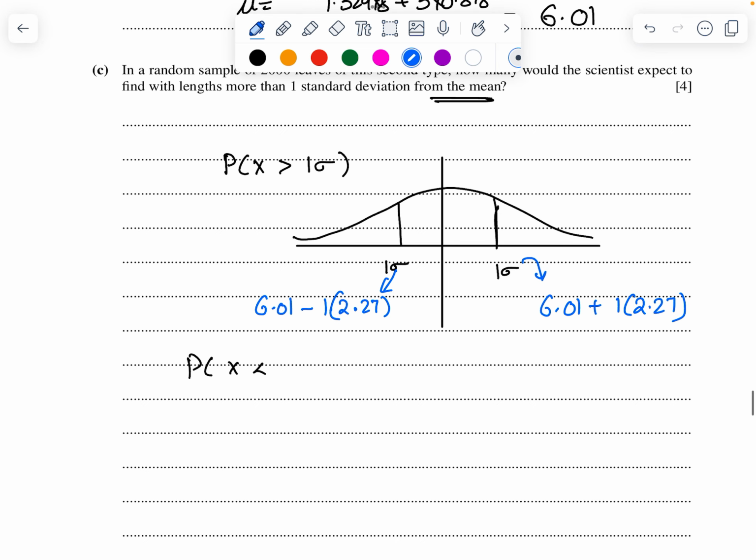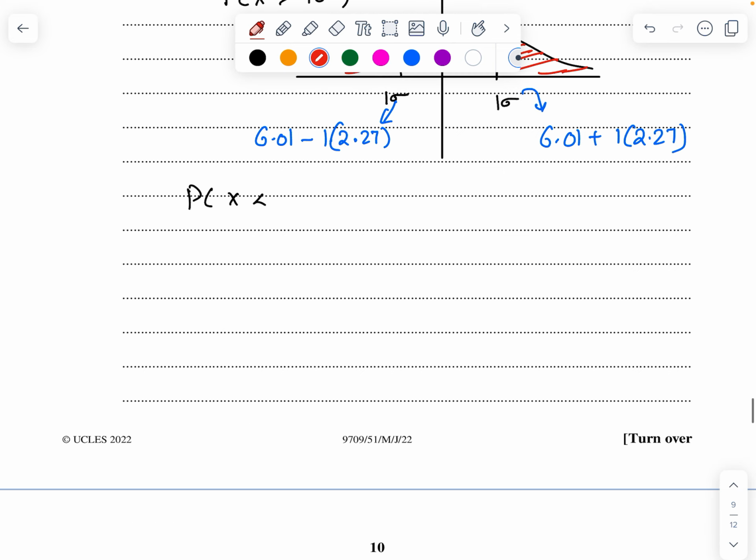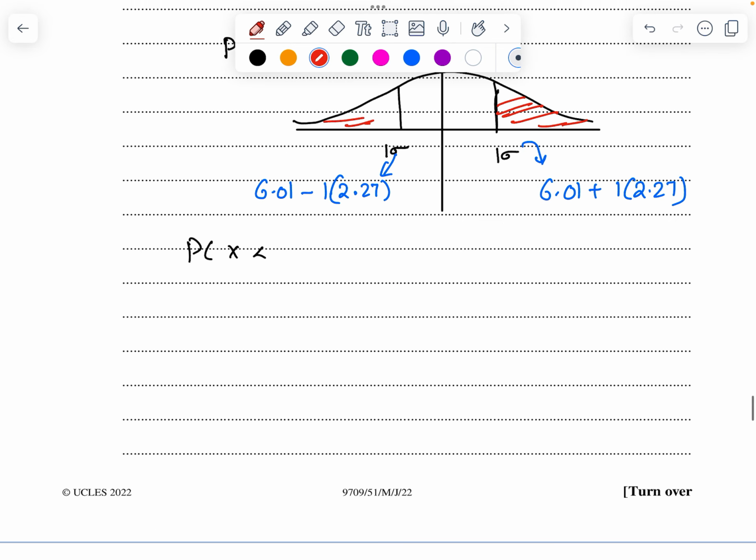It is asking how many would you expect with the lengths more than. So I have to find this area. So probability of x less than, this becomes 6.01 minus 2.27. It's going to be 3.74, less than 3.74, and this area is probability of x greater than 8.28.